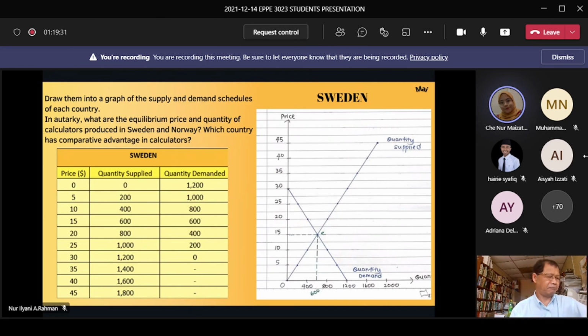After we complete plot all the point, we connected all the point along the curve. So when the demand is equal to supply, there is an equilibrium for the calculator market in Sweden. At the equilibrium point E, the equilibrium price is $15 and the equilibrium quantity is 600 units.